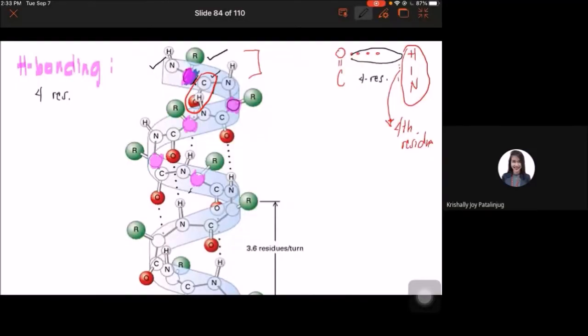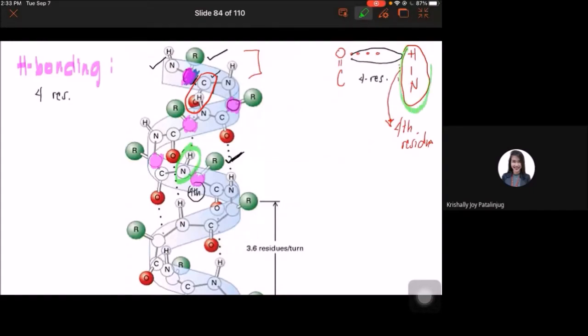This is the 4th residue. Focusing, makikita natin na meron siyang side chain, meron siyang R group. And then, meron siyang NH. Ito yung NH niya, amide NH.